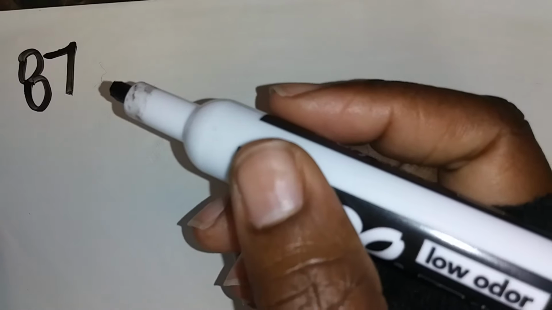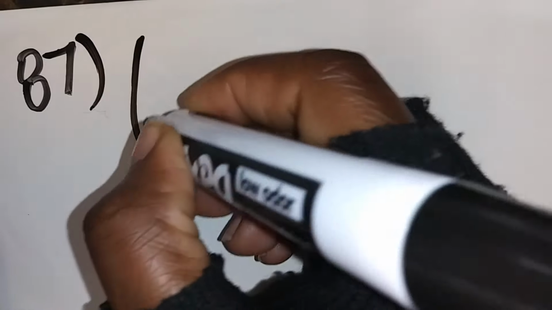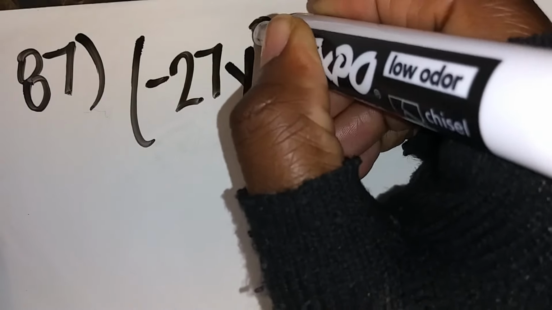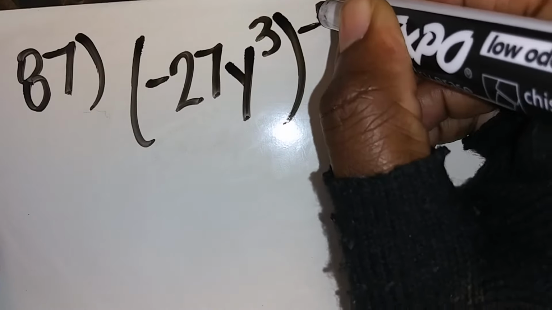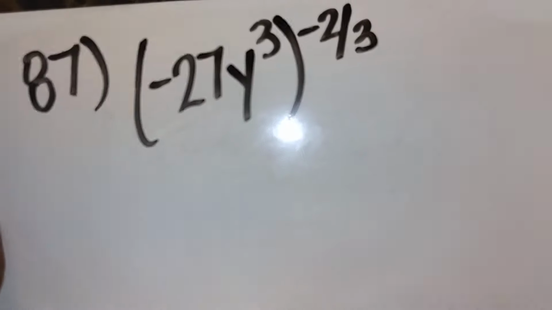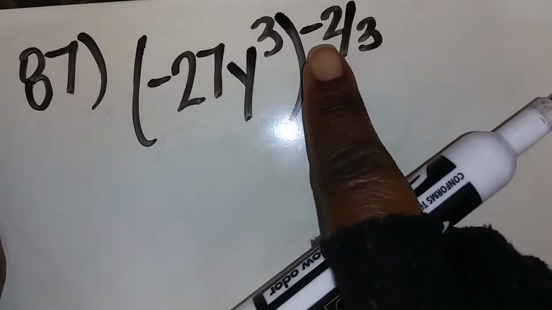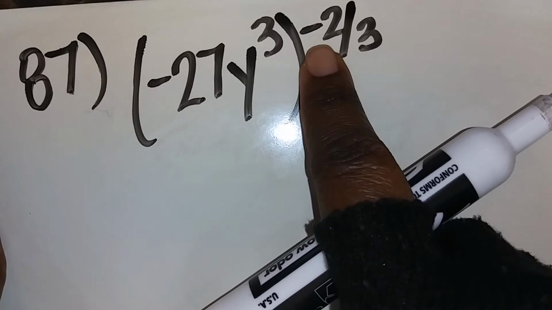Number 87. I have negative 27 y to the third raised to the negative 2 over 3. Again, let's get rid of that negative exponent first, and then we will rewrite it in radical notation.